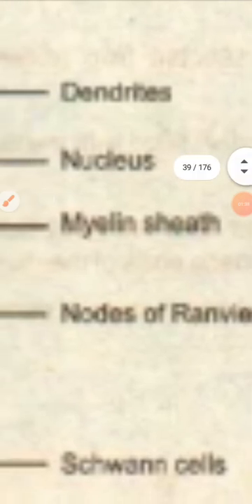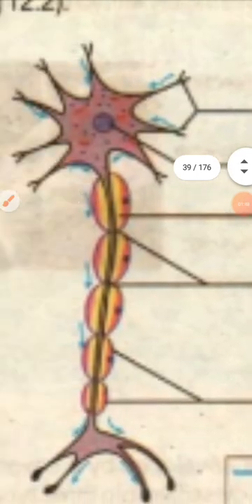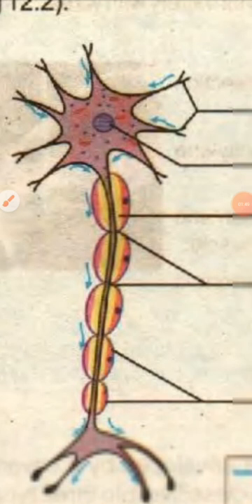But I will tell you the myelin sheath is an insulator, and the nerve impulse cannot be passed due to the myelinated sheath.